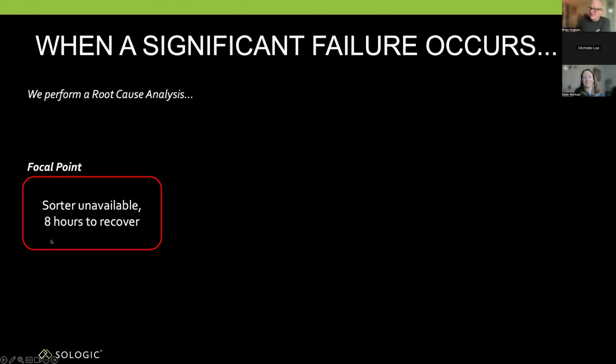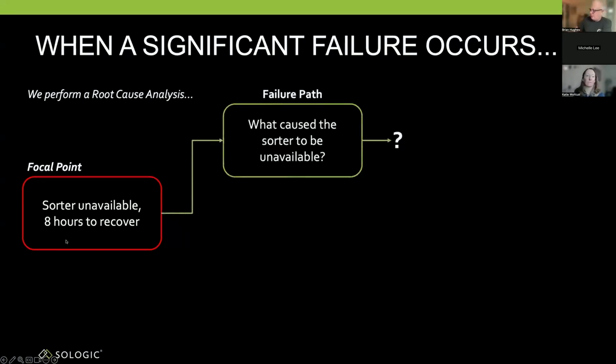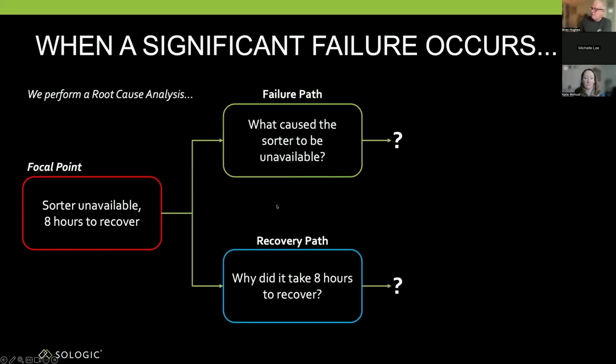So that's how it gets to y'all. With reliability problems, we usually look at the asset down. We want to know why the asset was down, but we also want to understand why it took as long as it took to recover. That leaves us with a pattern that looks like this. I want to tell the story of the failure, and that's going to happen on this branch. Then I'm going to tell the story of the recovery, and that's going to happen on this branch.